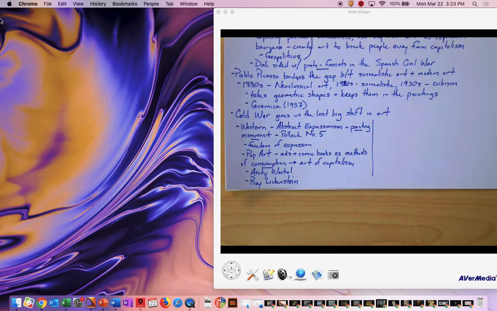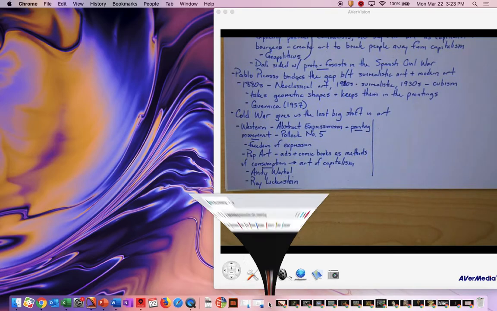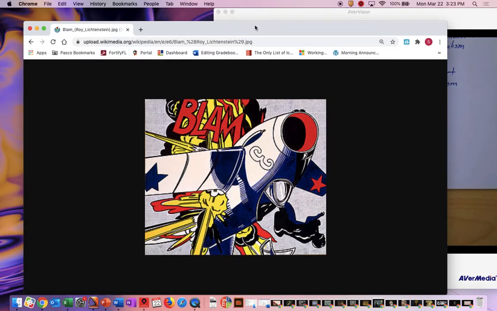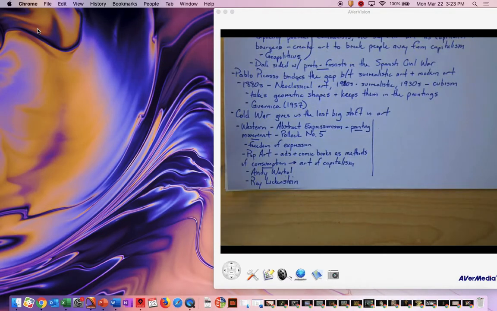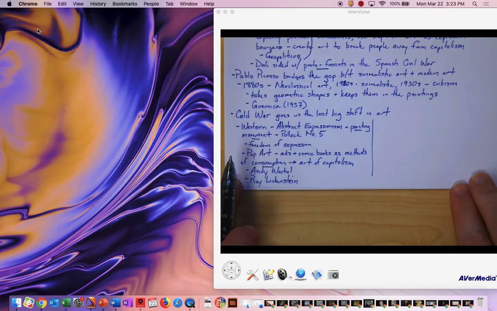And he blew up giant panels from like the Sunday morning comics. This one's just called Blam. But again, it's talking about consumption and how that's needed in capitalism. So we've got two different ideas of Western society. One, highlighting the freedom of expression. The other kind of talking about how consumerism needs advertisement and people buying things to make this work.